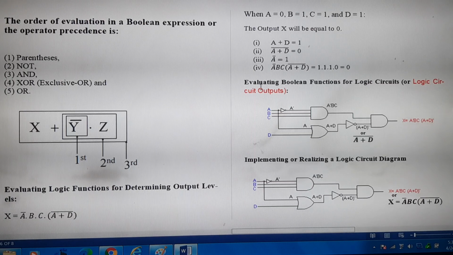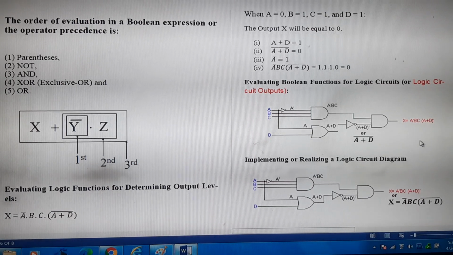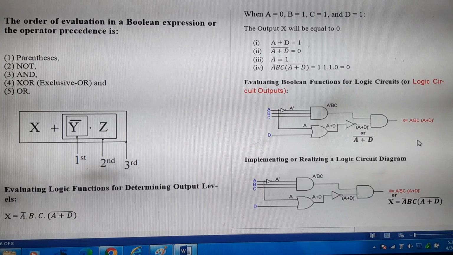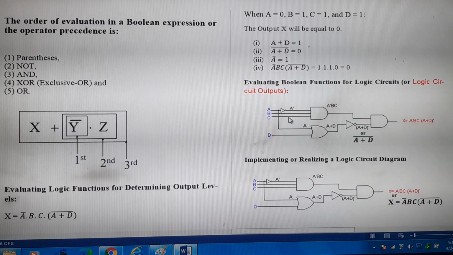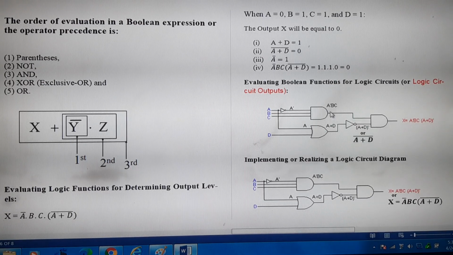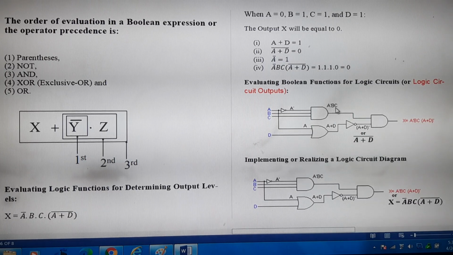Now, evaluating Boolean functions for logic circuits. Logic circuits can be analyzed by systematically progressing from input to output on the gates. When we progress from inputs to outputs, the output of this AND gate is a prime dot b dot c.